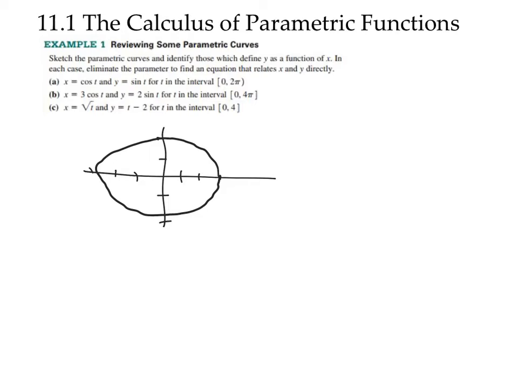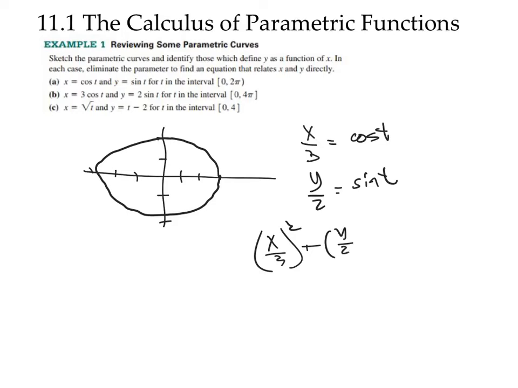And if we divide the first equation by 3, the second equation by 2, just like we did before, we square them and add, we'll get (x over 3) squared plus (y over 2) squared is cosine squared t plus sine squared t, which is 1. So there's our second one.